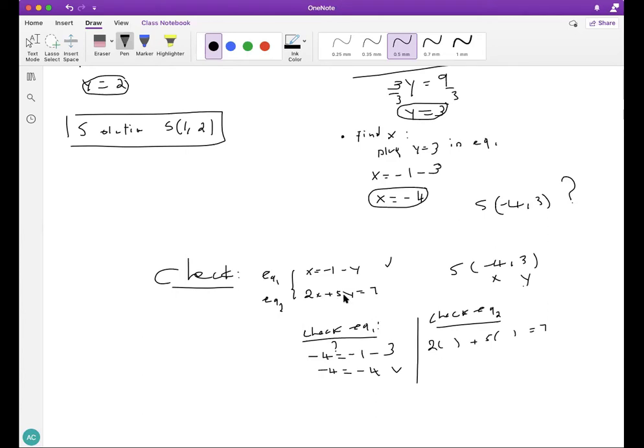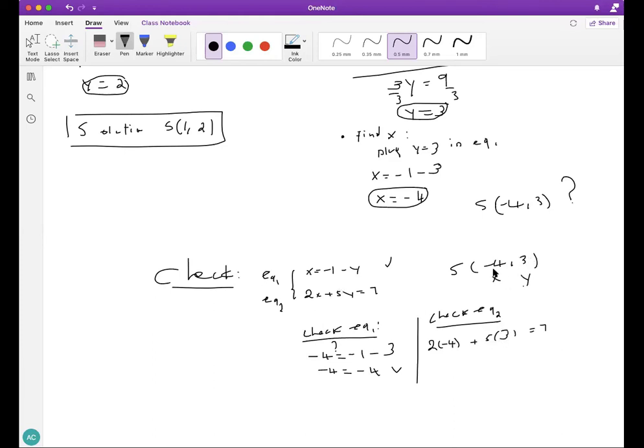No, we need to plug. We need to substitute to check the solution. It's -4 times x, x here is -4. Then 5y, and y is 3.